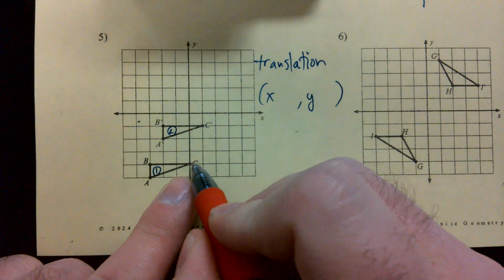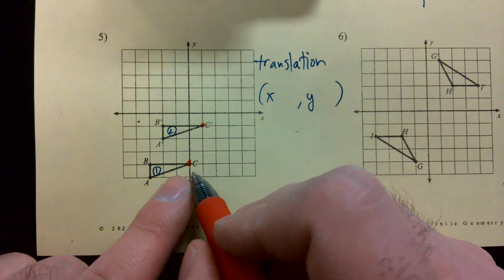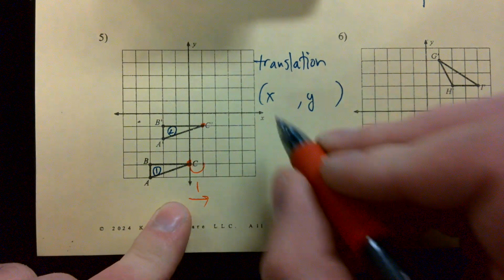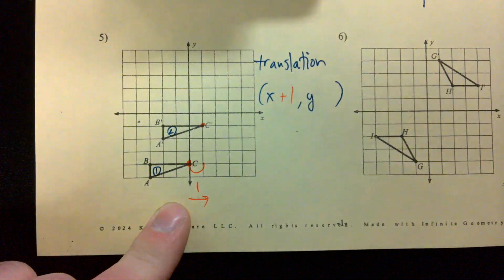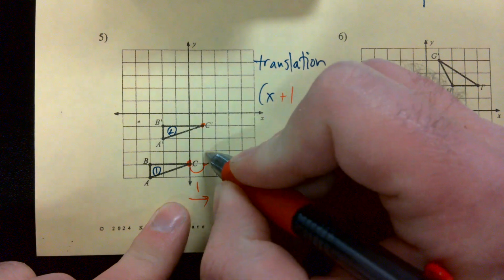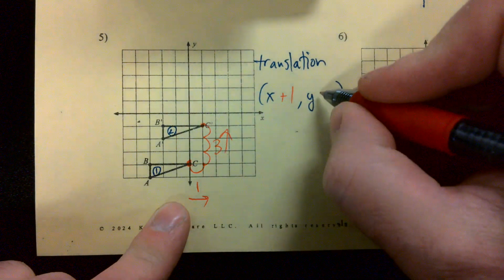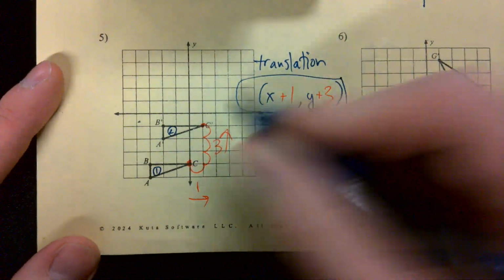If I'm starting at C, working my way to C prime, do I have to go right or left? Right. How many spaces right? 1. So is that going to be x plus 1 or x minus 1? Plus 1. Perfect. From here, how many spaces do I go up? 3. Is that y plus 3 or y minus 3? Plus 3. There's my rule for that translation.